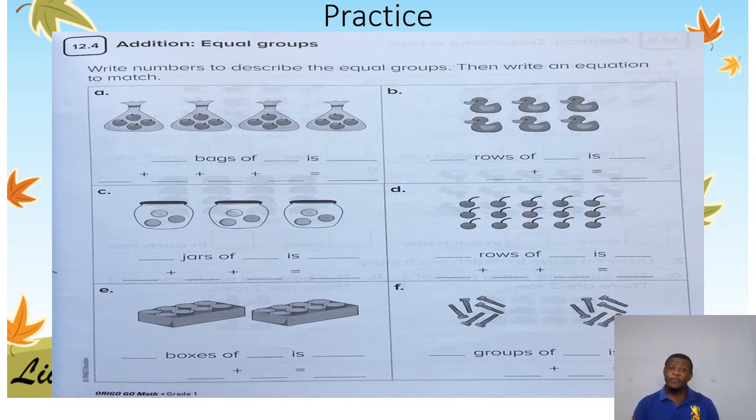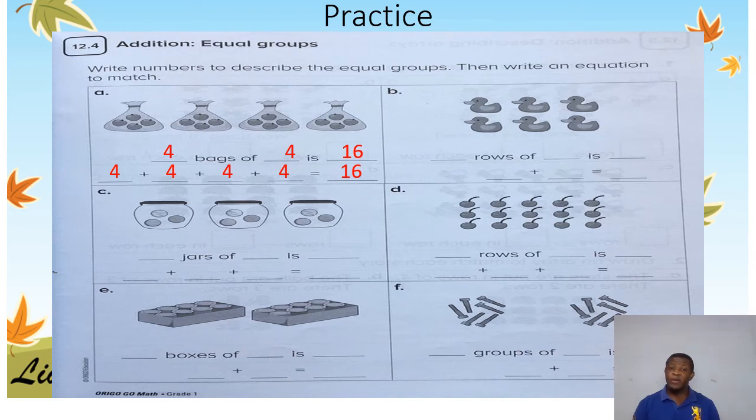So we have 4 bags of 4 apples. I think it's an apple. Is 16. And the equation will be 4 plus 4 plus 4 plus 4 is 16.